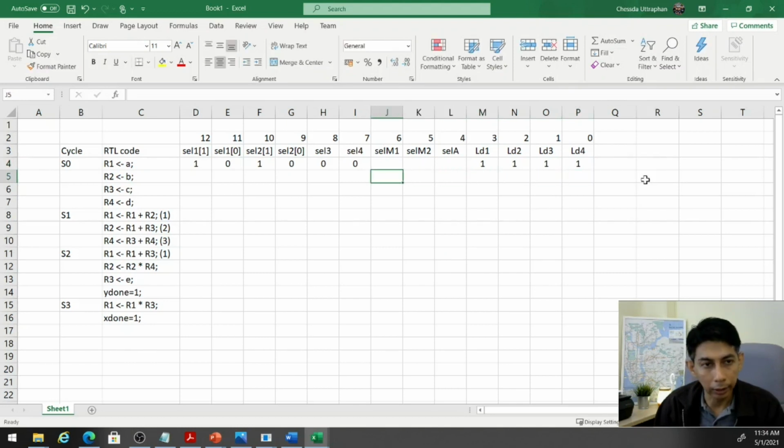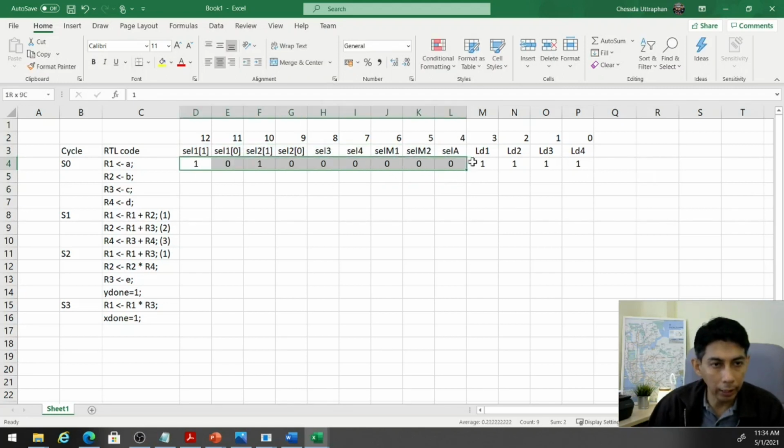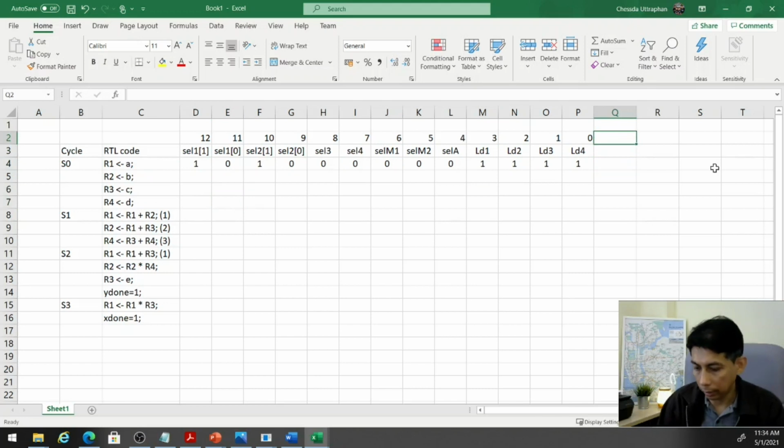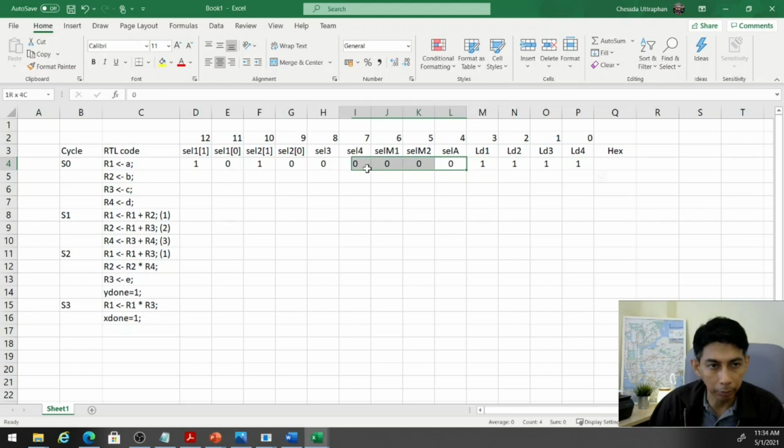And the rest we make 0. So this should be the control signal that should be activated in cycle S0 in order to do all these operations. We can represent this as a hexadecimal number, where this will be F, this will be 0, this will be 4, and this will be 1.